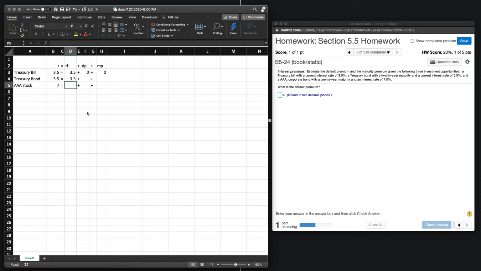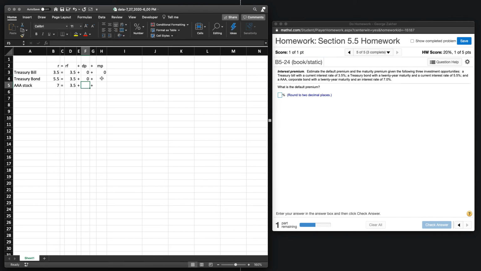Okay, we just have to figure out what other factors add to our current interest rate, for instance, in the Treasury bond. So now, Treasury bond, the similarity of a Treasury bond to a Treasury bill is that in both cases you are lending money to the government. So in terms of a default premium, again, there is no default premium because we expect to get that money back. So therefore, we have a zero default premium.